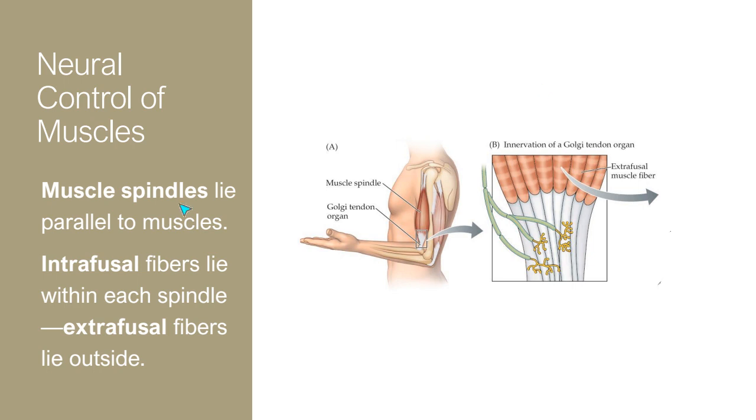So let's look a little bit more at muscle spindles. Muscle spindles lie parallel to the muscles. This is a muscle spindle right here, and this is a Golgi tendon down here. We'll get to that in a minute. But with the muscle spindles, think about an object, say a cup of coffee, placed in your outstretched hand.